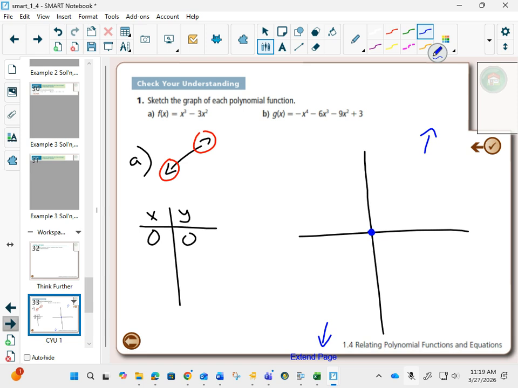Could I draw a super accurate graph? No, I only have one point. Can you see that the more points you do, the more accurate your graph would get? Like, if I quickly did 1, 2, and 3. Well, 1 would be -2. 2 would be -4. 3 would be 0.